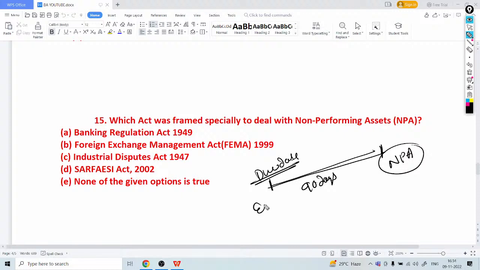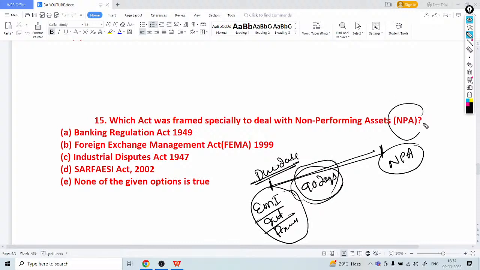Okay, if the EMI amount, interest amount, or principal amount is not paid for a period of 90 days, then it is called NPA. For the recovery of NPA, the government of India has passed an act called the SARFAESI Act in 2002. Okay, the SARFAESI Act in 2002.